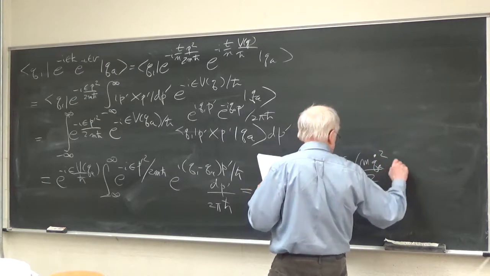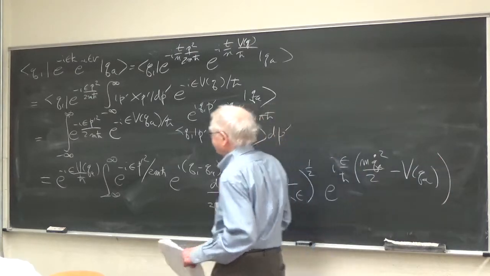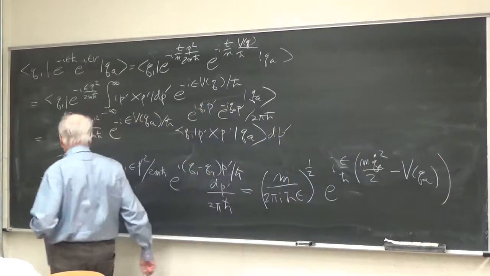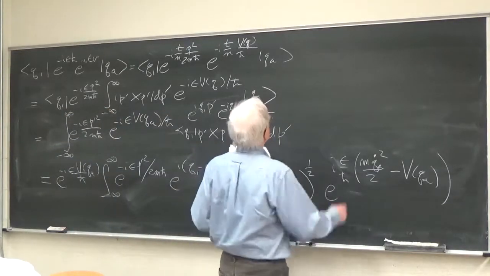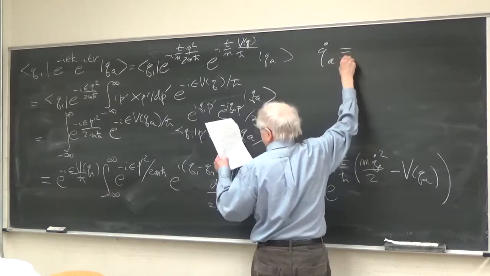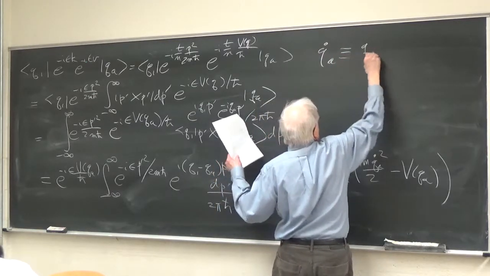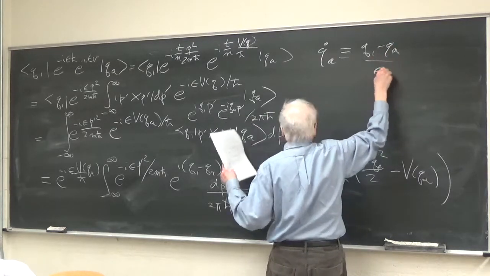I have to explain what that is. The v of qa is just this. What is qa dot? Well, this is notation. qa dot is just defined to be q1 minus qa over epsilon.